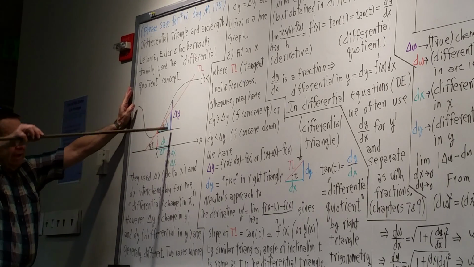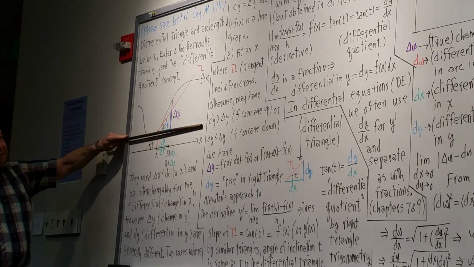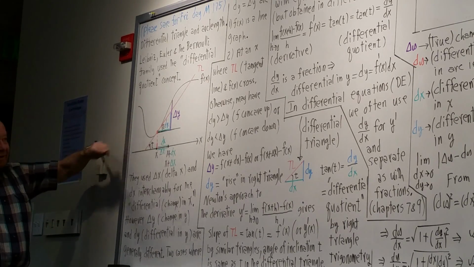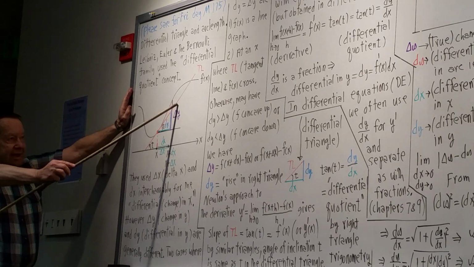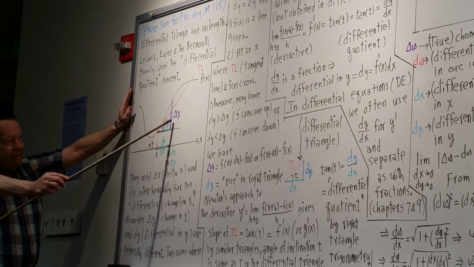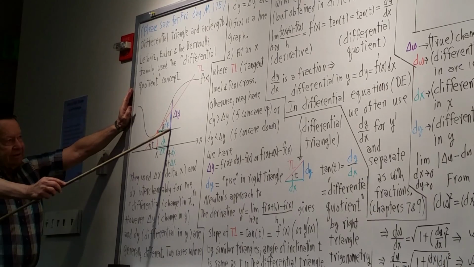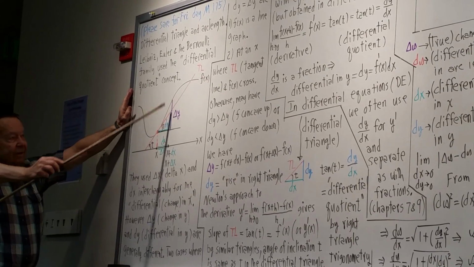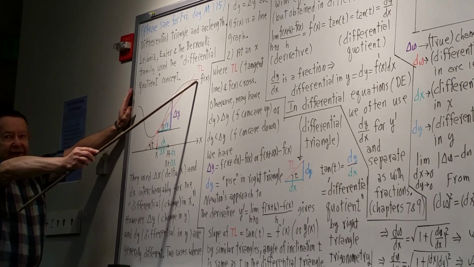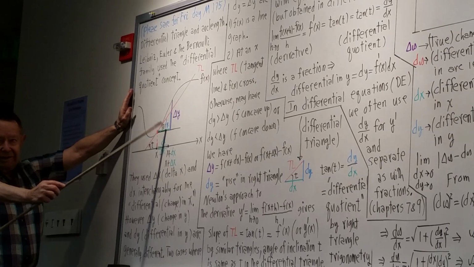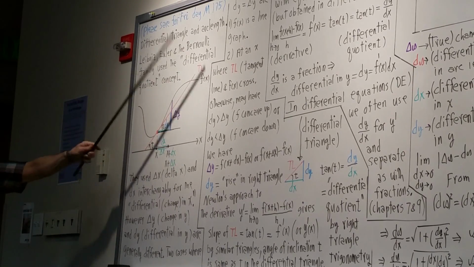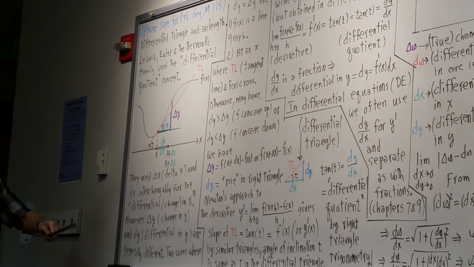The differential in y measures the distance from the horizontal at the point where you're starting to study your problem up to the tangent line, and the delta y is the distance from the horizontal to the curve. So if your curve is concave down like this, the delta y is a bigger number than the dy. If it were bent the other way, the tangent would be above the curve, and the dy would be bigger than the delta y.